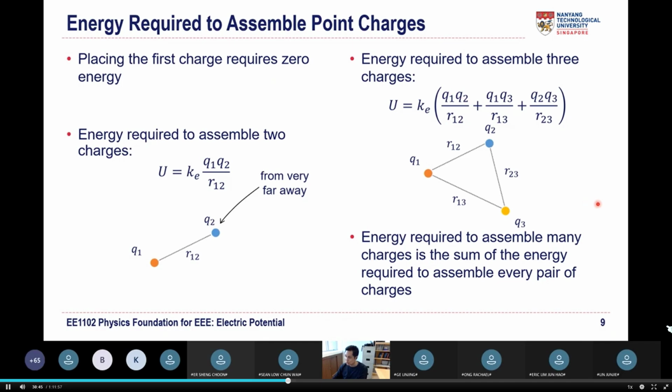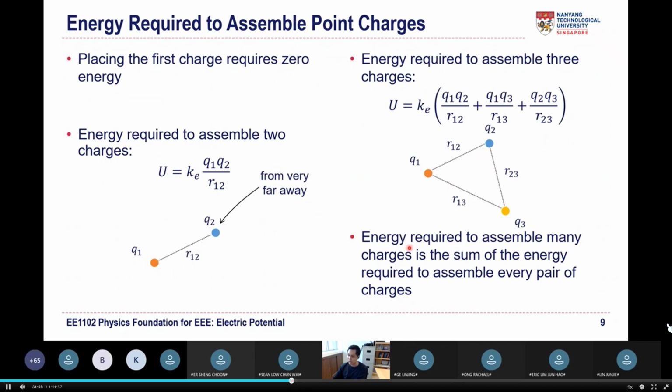Then the energy required to bring in the third charge is going to be the energy required between these two systems plus these two systems. So that's why we have that and that.